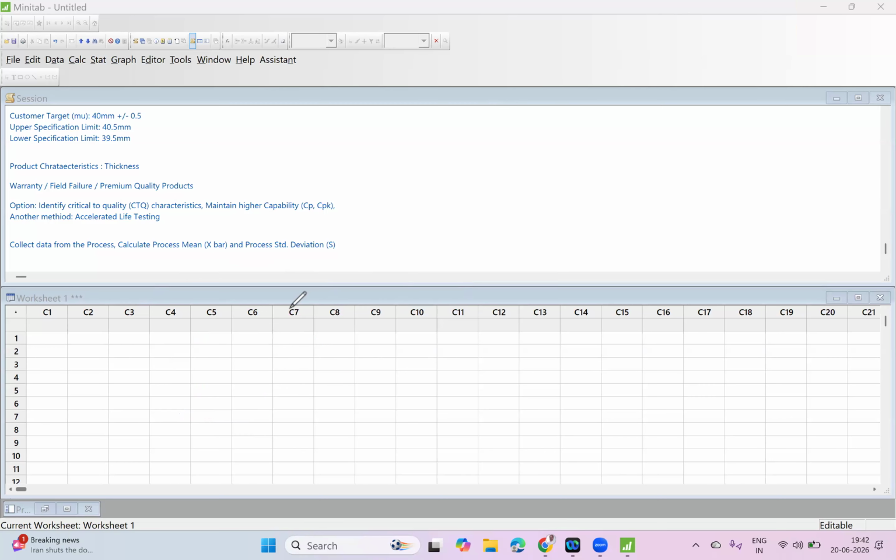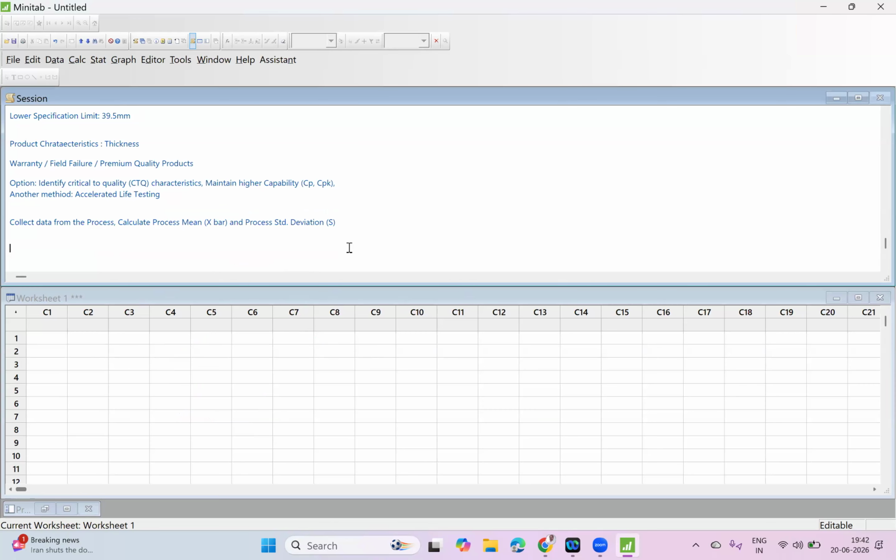X bar should align or overlap with the customer target. This is what you should check.